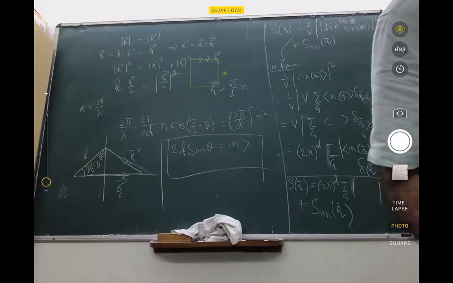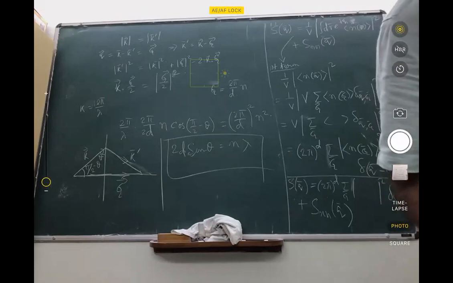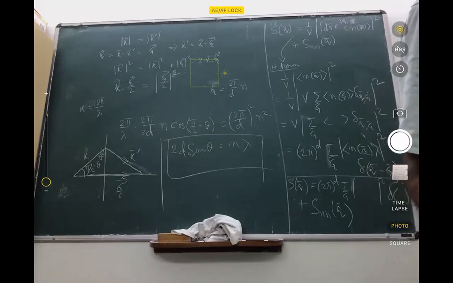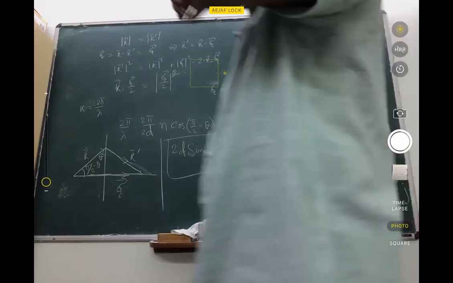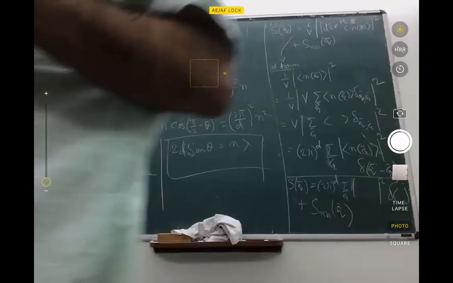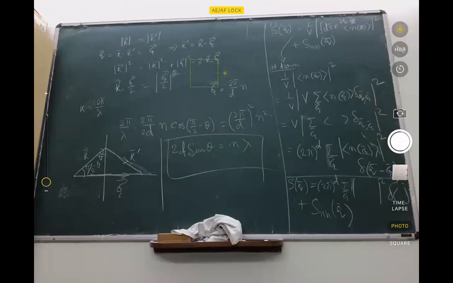Sir, in our typical scattering experiment, the scattering happens through a plane, right? Plane in the Fourier space. There are lots of words that you say. Can you ask your question once again? Okay.